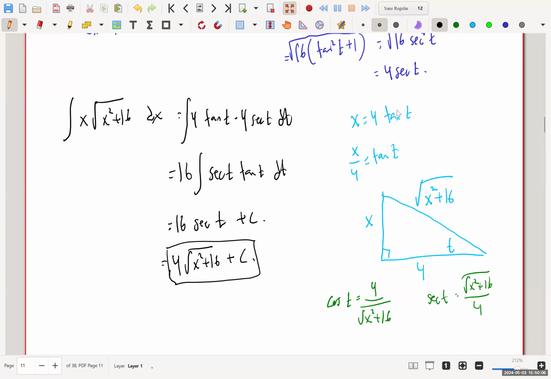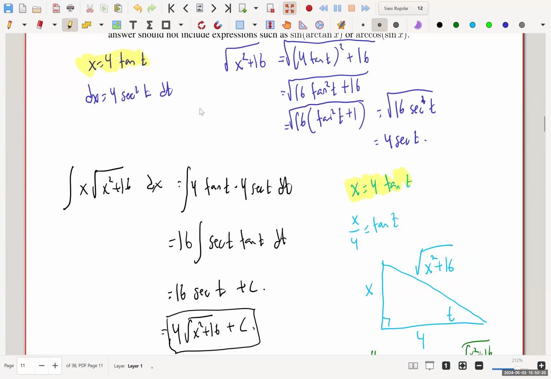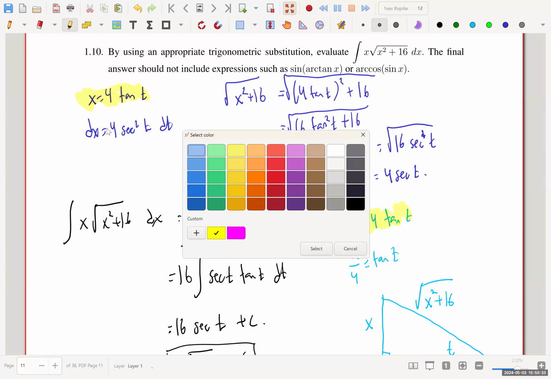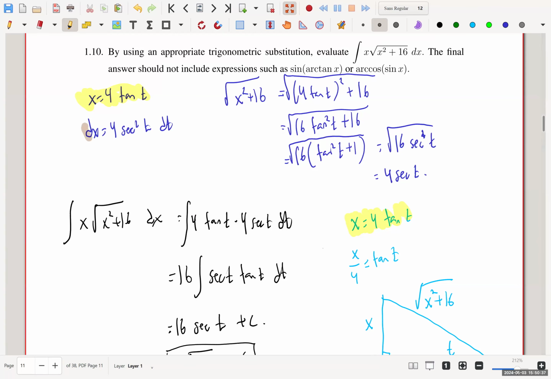Yes. So when we take our original substitution, we just take the differential on both sides, okay? x is 4 tangent t, and then dx is 4 secant squared t dt.